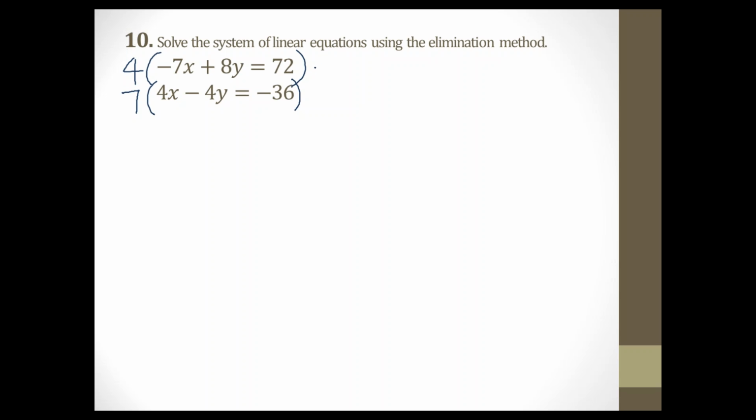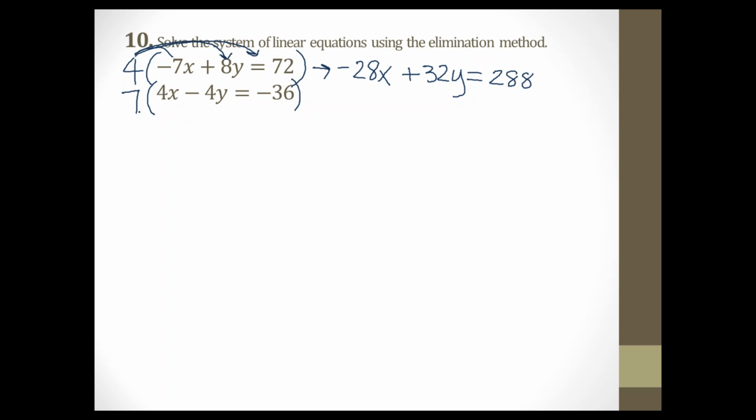So I'm going to write my new equations to the right. So 4 times -7x is -28x. 4 times 8y is +32y. And then 4 times 72 is going to give me 288.